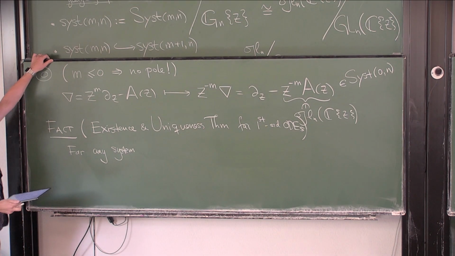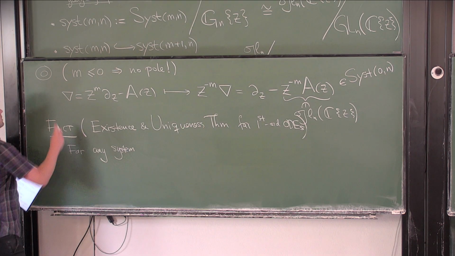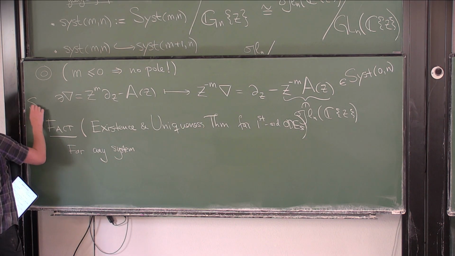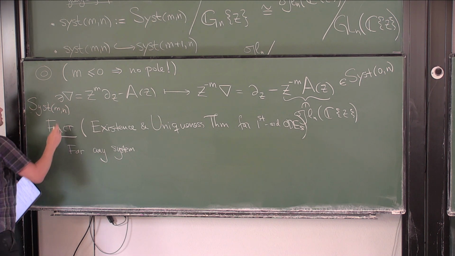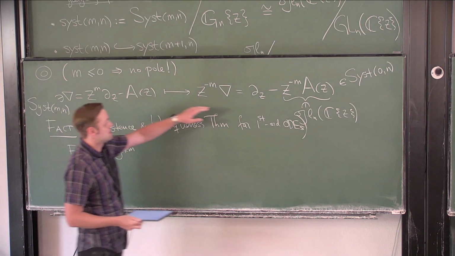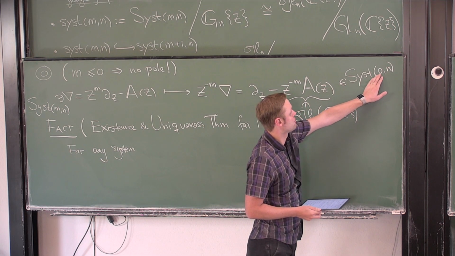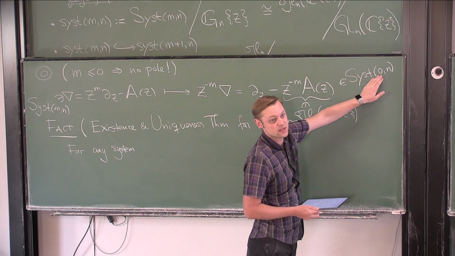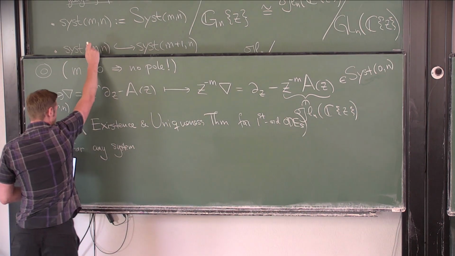The upshot of this line is that any element of big syst m,n, where m is 0 or negative, I can immediately bring to an element of this space. And so I'll just study that space.